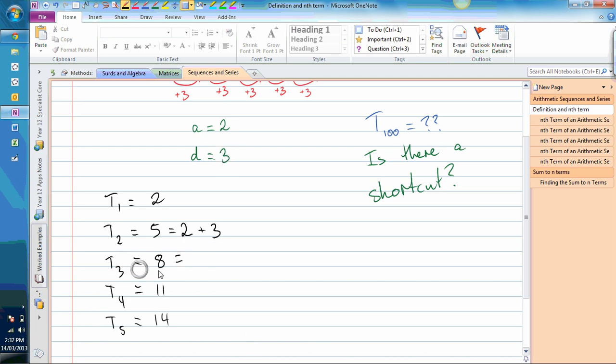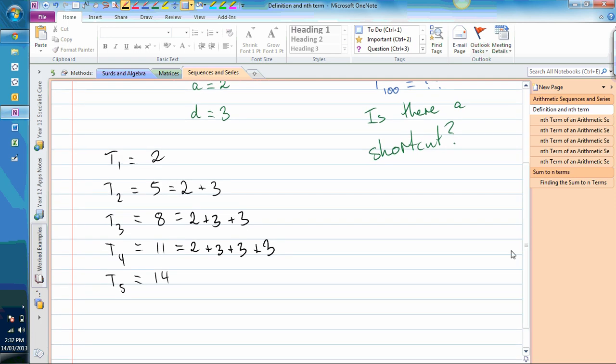To get term 3, I took the previous term, number 5, and added 3 to that. Similarly, the next term, I started with 2, and I added 3 to get 5, and then I added 3 to get to 8, and then I added 3 and I get to 11.